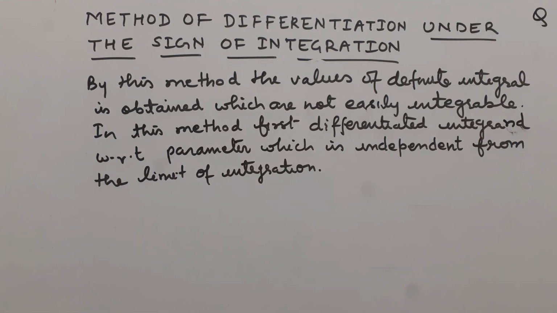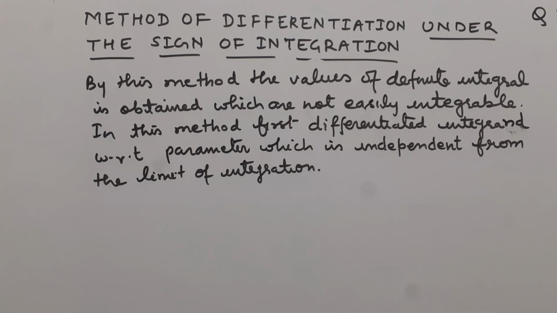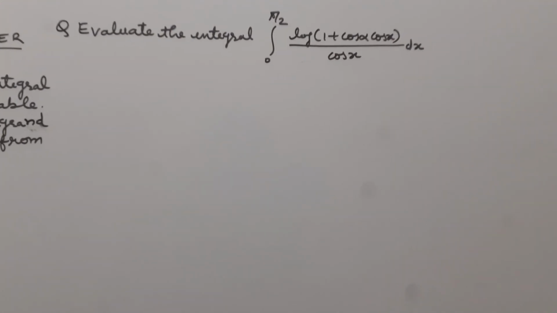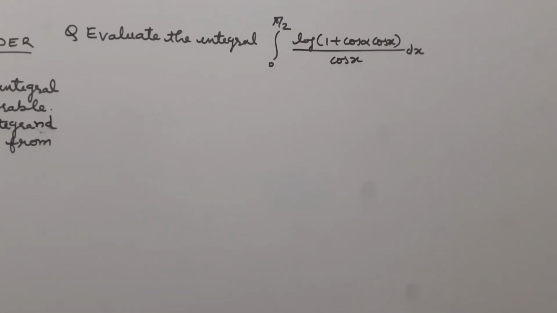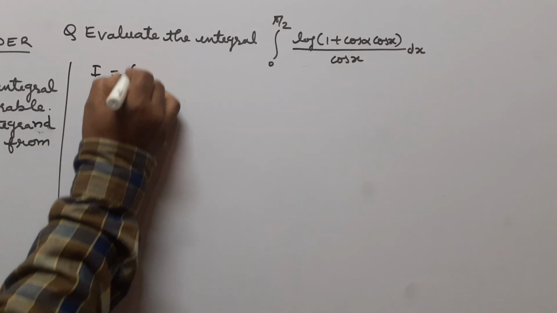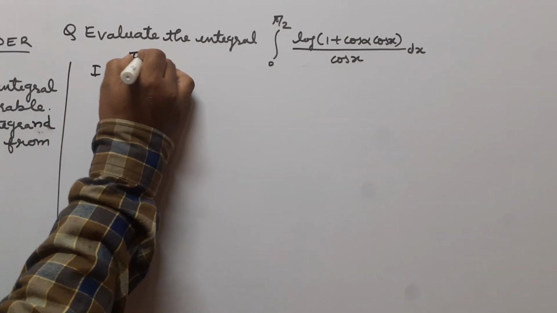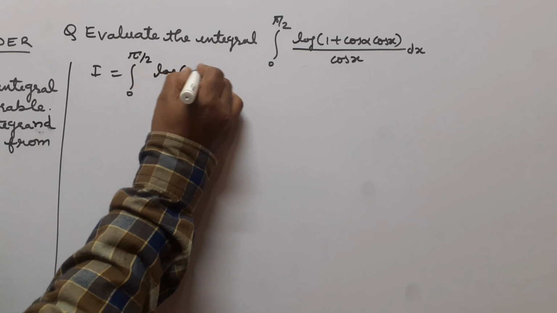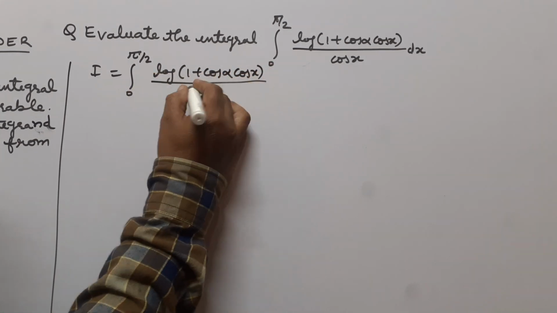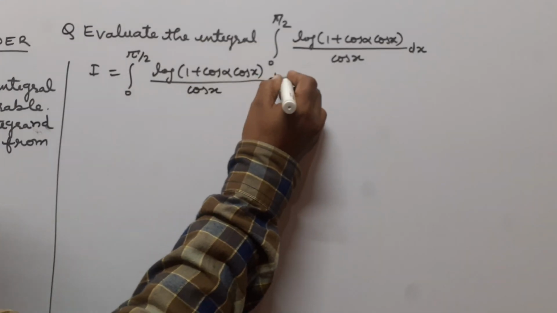So on this method, we take one question. Here we solve the given integral: I is equal to the integration of log of 1 plus cos alpha multiplied by cos x, divided by cos x, dx.